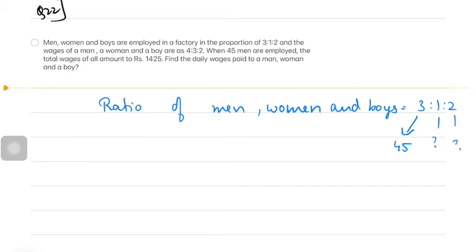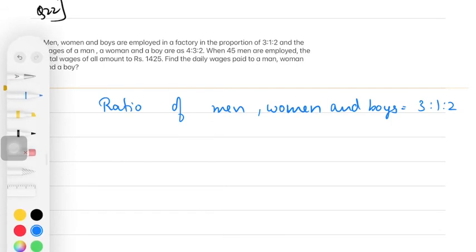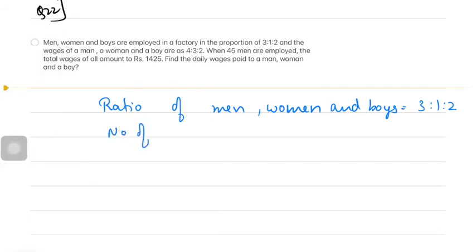If 3 is 45, how much is 1 and how much is 2? So number of men is equal to 45. This is also given.